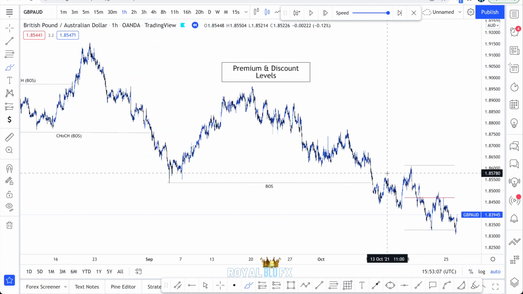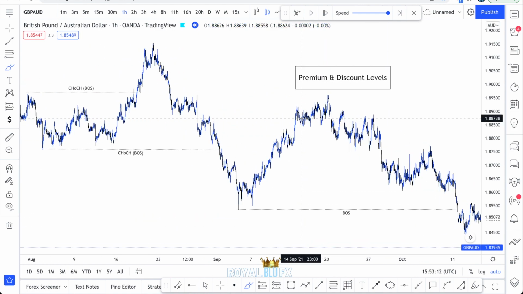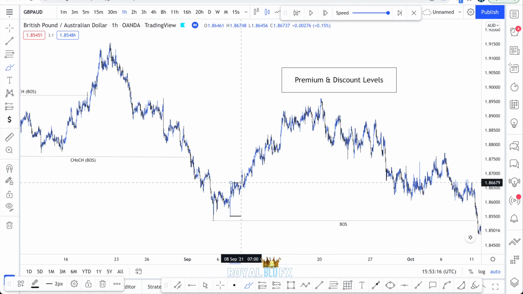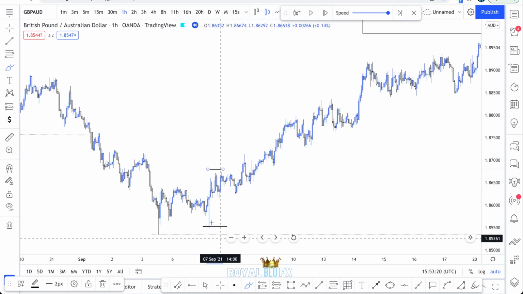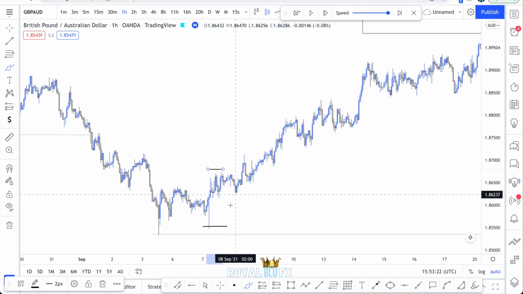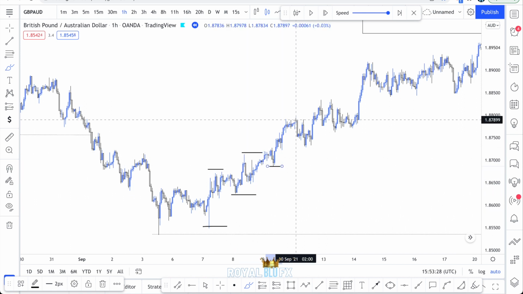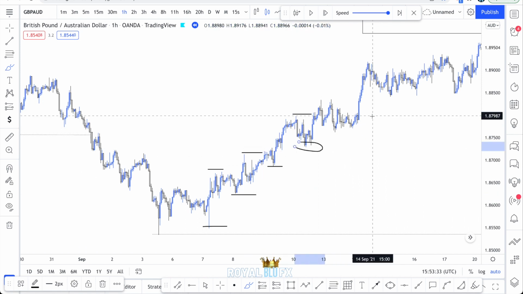So that's how you essentially identify premium and discount levels. You just identify them based off of your current low and current high, right? Like this, right? Current low, current high, all right? And keep shifting that tool, the Fibonacci tool, keep shifting it up on every low and high in this case, right? And then identifying where that discount level in the uptrend would be, right?